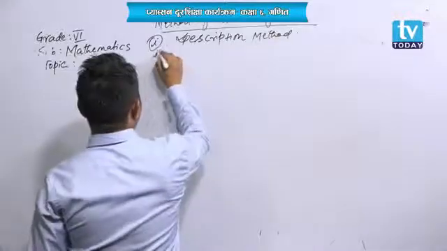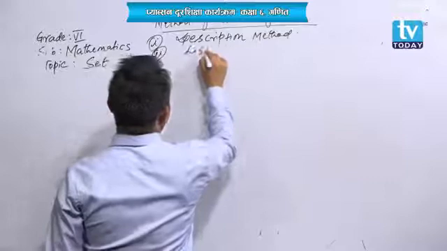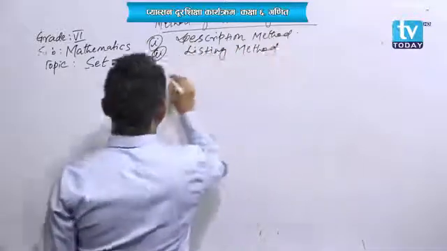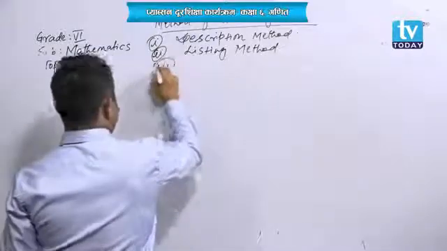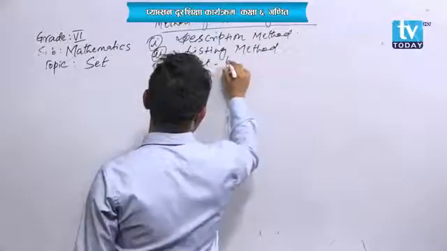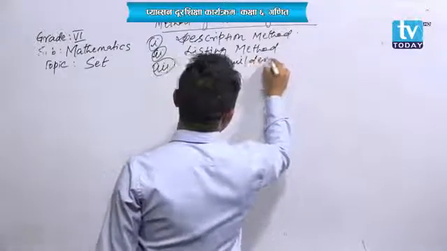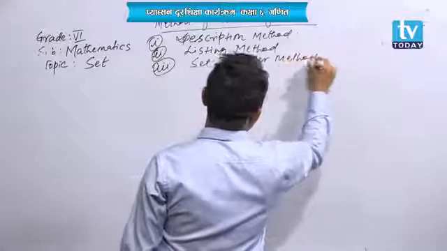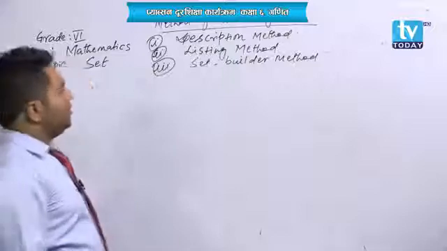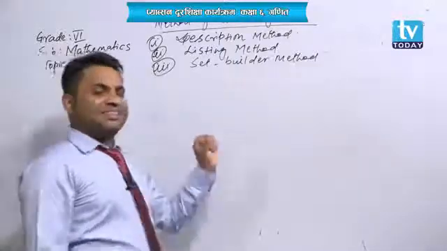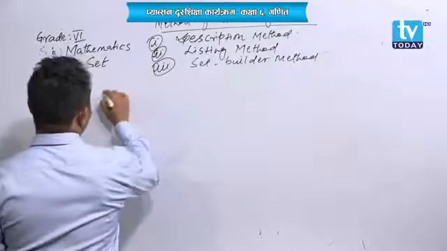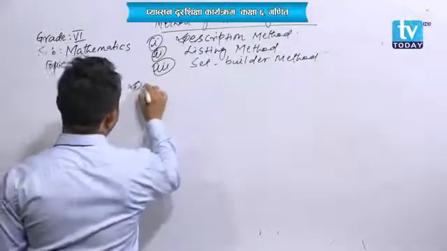Number 2, the listing method. Number 3, the set builder method. There are 3 different types of methods with which we can describe a set. Now, first we will discuss the description method.